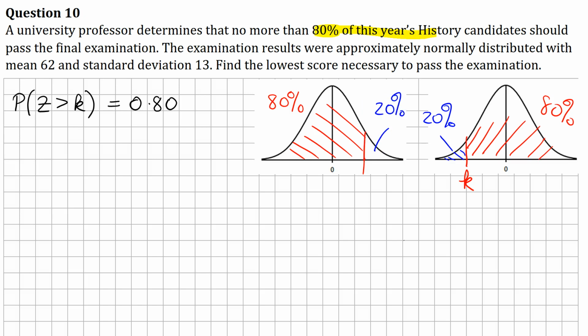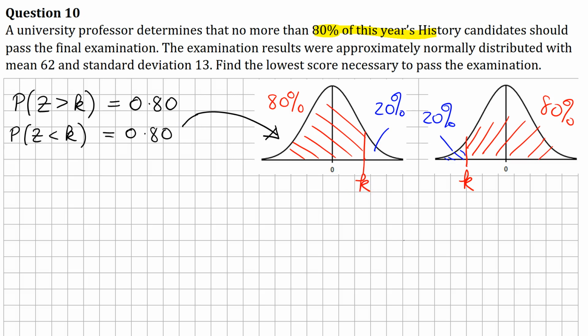So what we're going to do instead is find the probability of Z less than K, which gives us 0.80. That corresponds to this diagram here, and this is going to give us a positive K value.